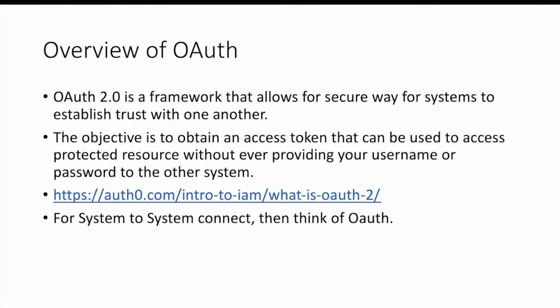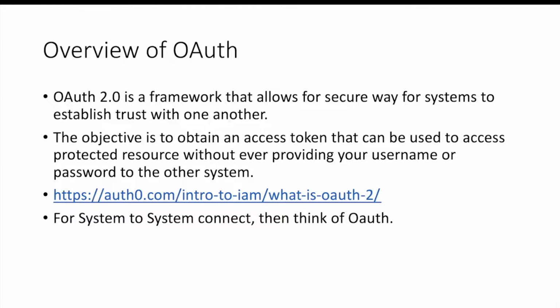Overview of OAuth, let's go with it. It is a framework that allows for a secure way for systems to establish trust with one another. The objective is to obtain an access token that can be used to access a protected resource without ever providing username or password to the other system.